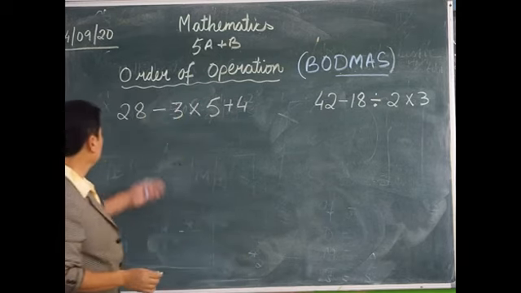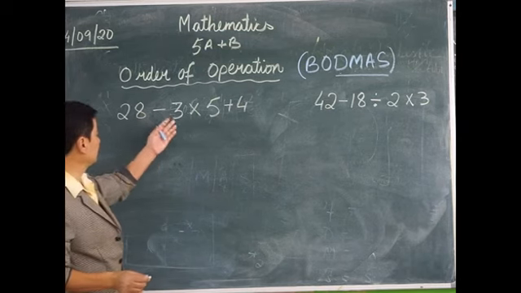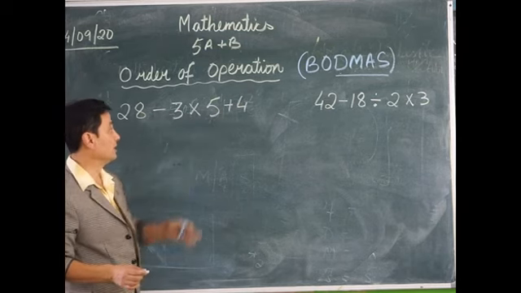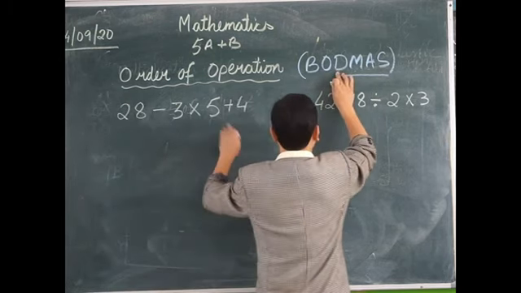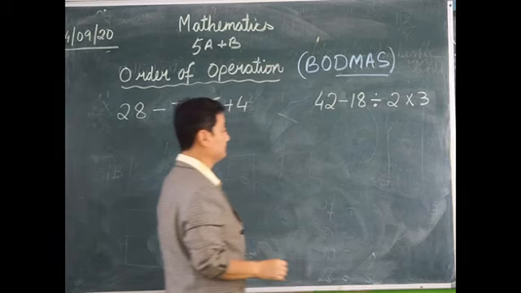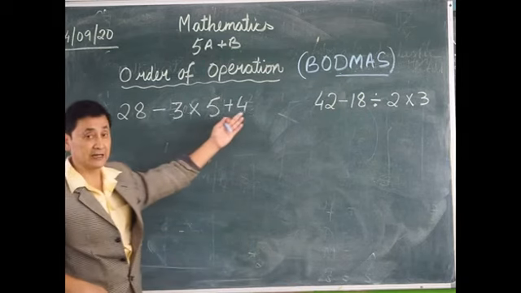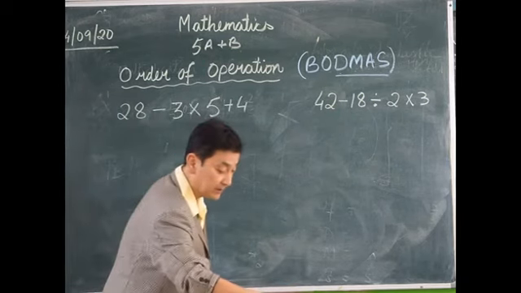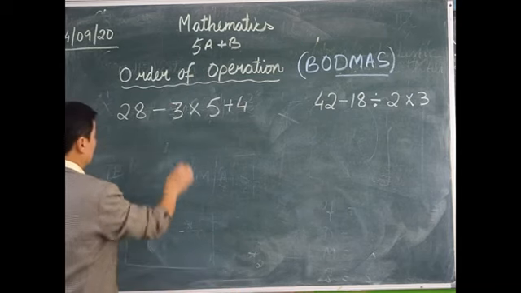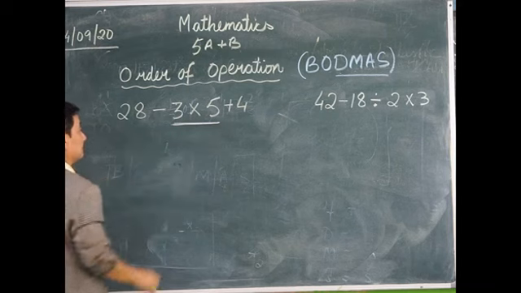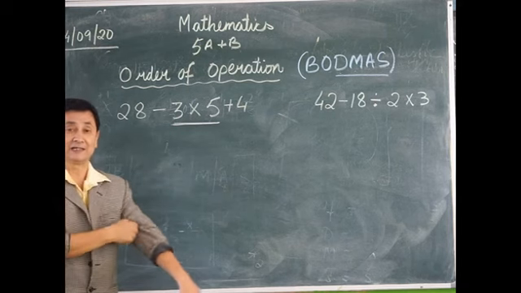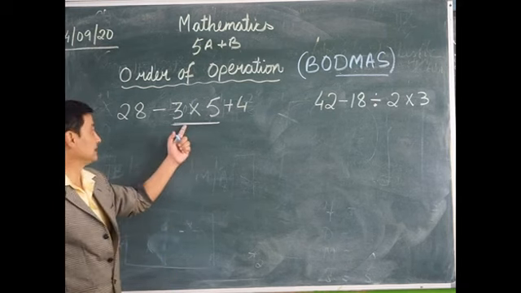Ready? So we have here 28 minus 3 into 5 plus 4. So in BODMAS, there is no division, so we can start with multiplication. You see a multiplication sign here. We don't see a division sign. So underline these two numbers. So it tells us that we need to do this first.